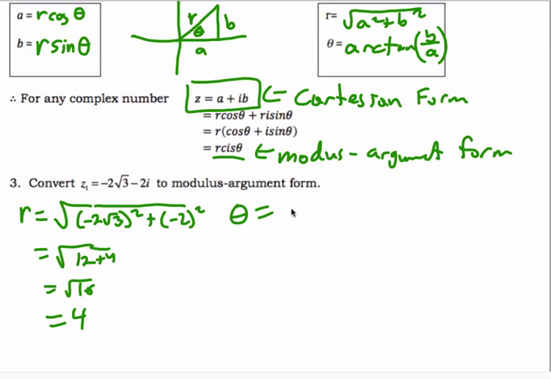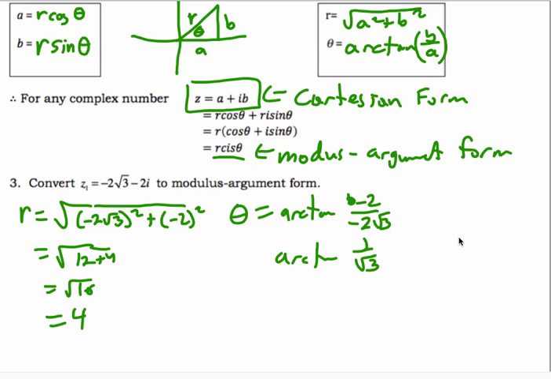And the argument is arctan B over A, well that's negative 2 over negative 2 root 3, which is arctan 1 over root 3.